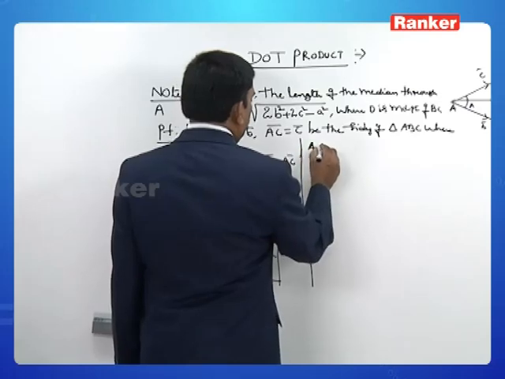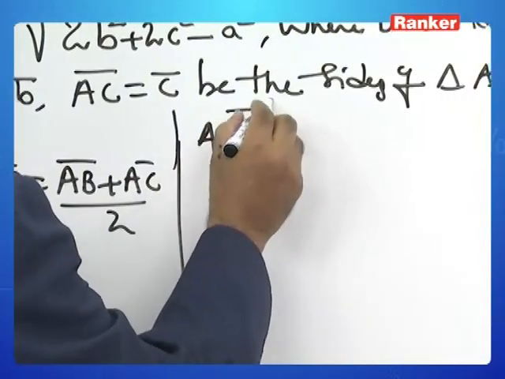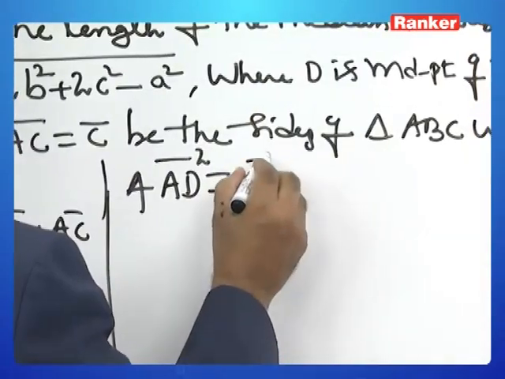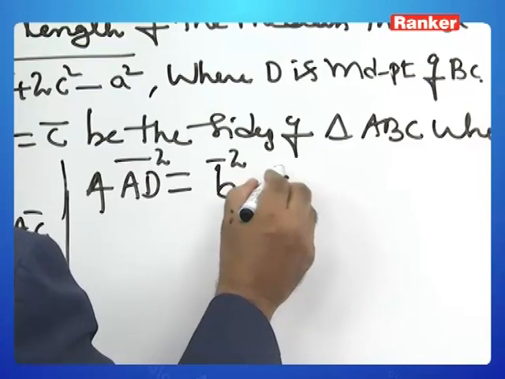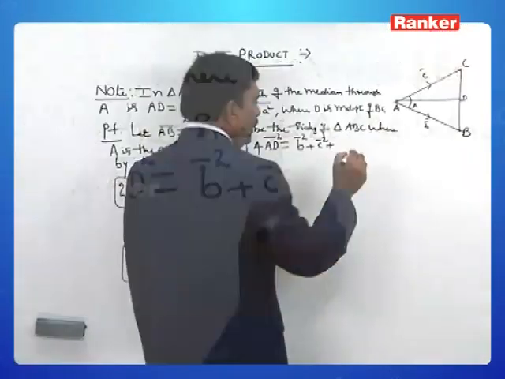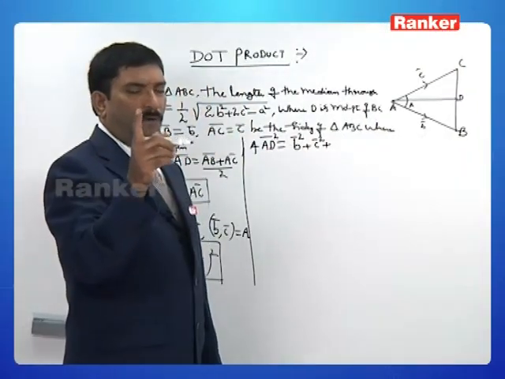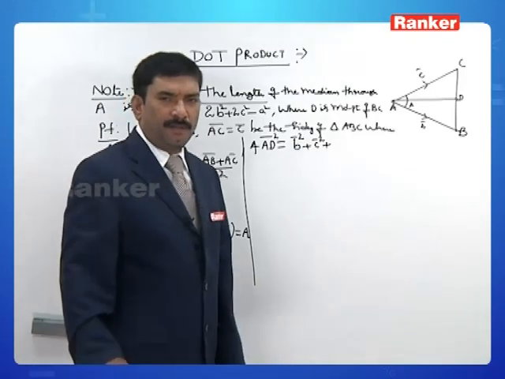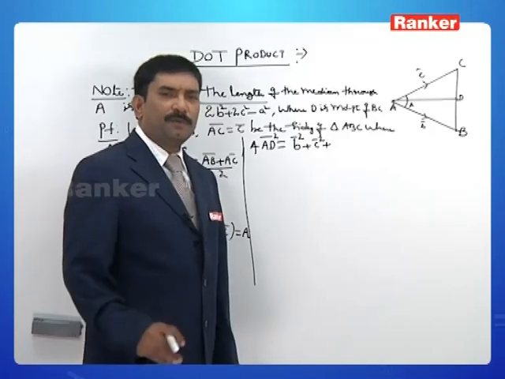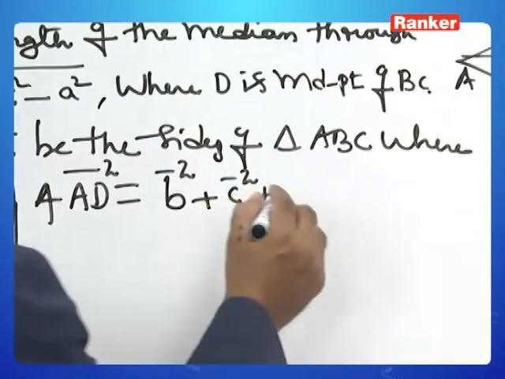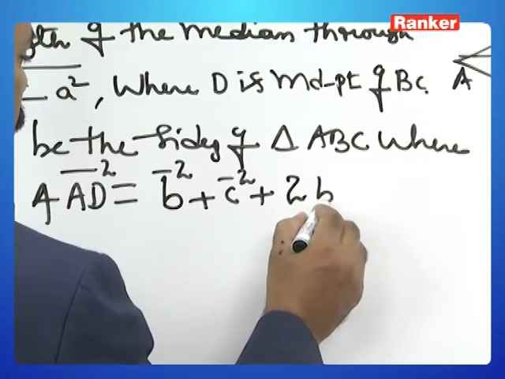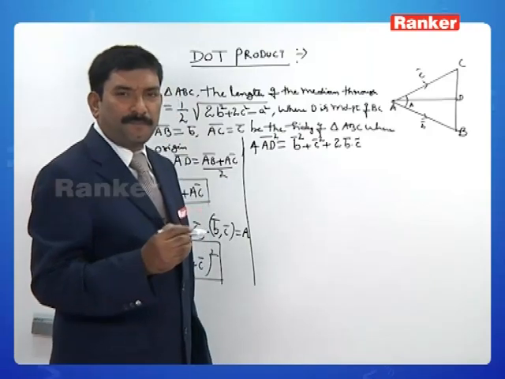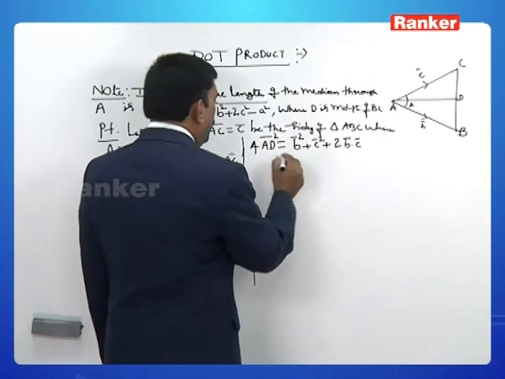4 into AD bar square is equal to b bar square plus c bar square. As you know already, modulus of b bar plus c bar whole square is the same as b bar square plus c bar square plus 2 into b bar dot c bar.